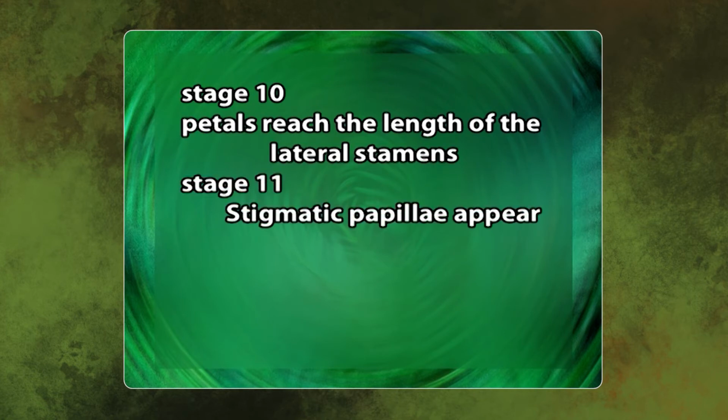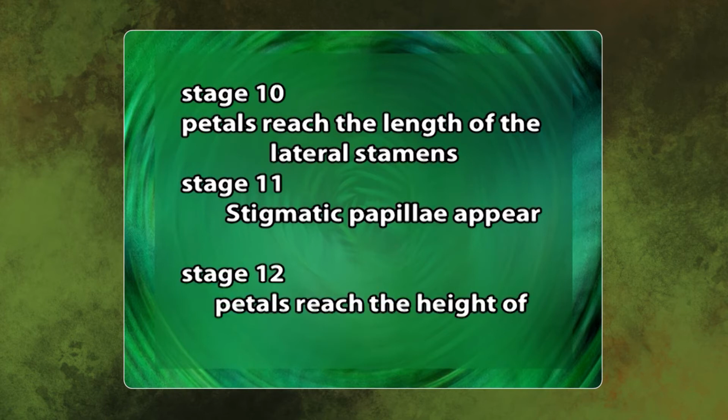When the petals reach the length of the lateral stamens, stage 10 begins. Stigmatic papillae appear soon after in stage 11, and the petals rapidly reach the height of the medial stamens in stage 12. This final stage ends when the 1 mm long bud is formed and starts opening.